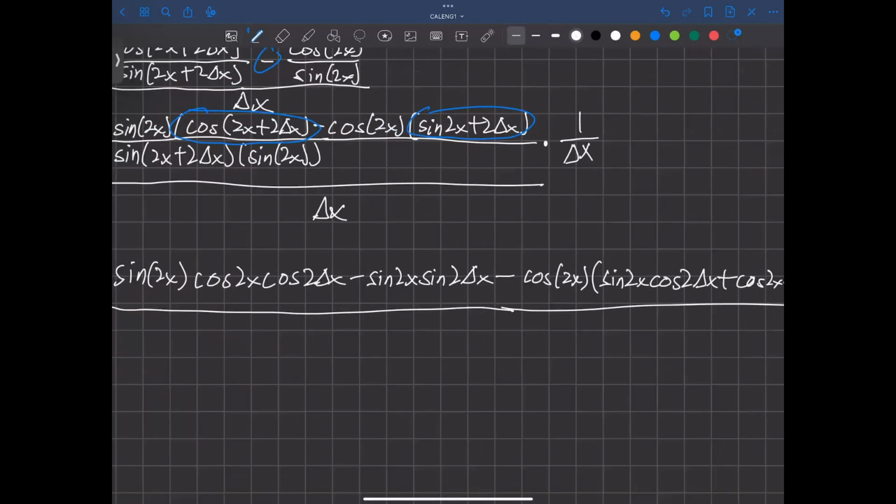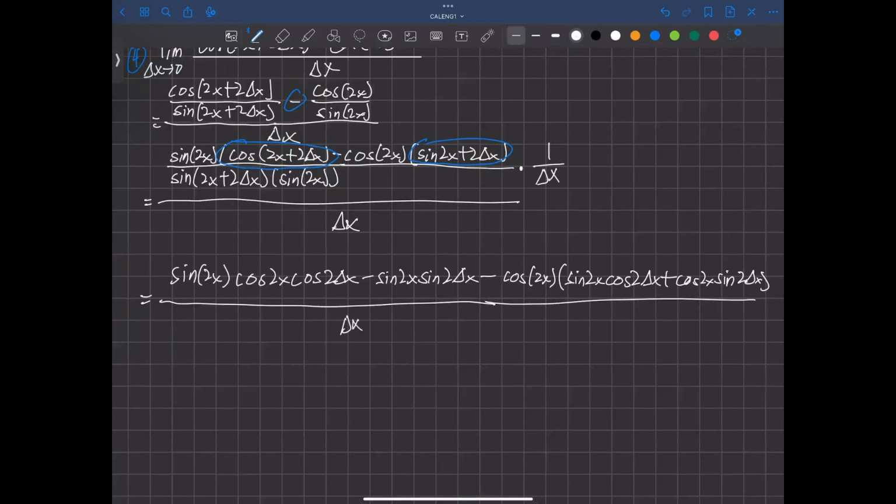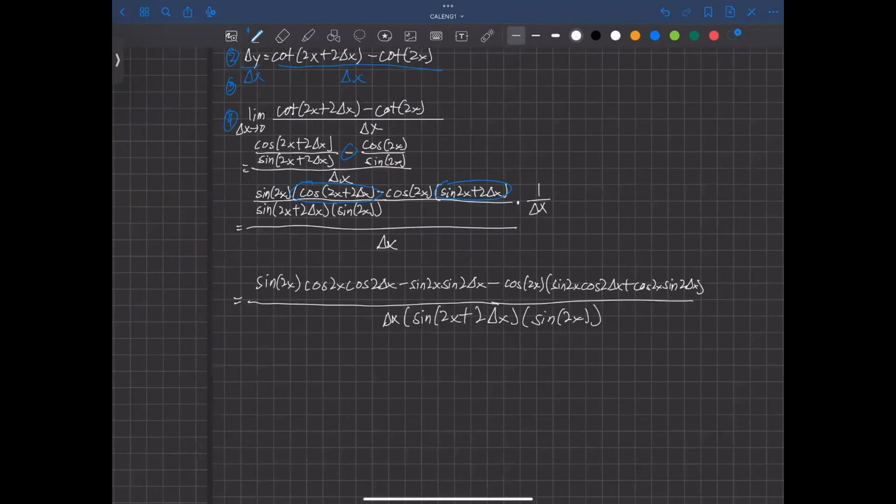That is all over delta x multiplied by sine 2x plus 2 delta x, sine 2x.